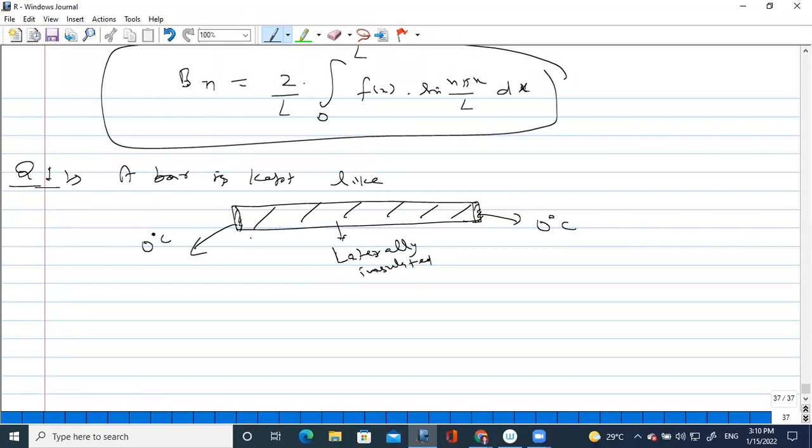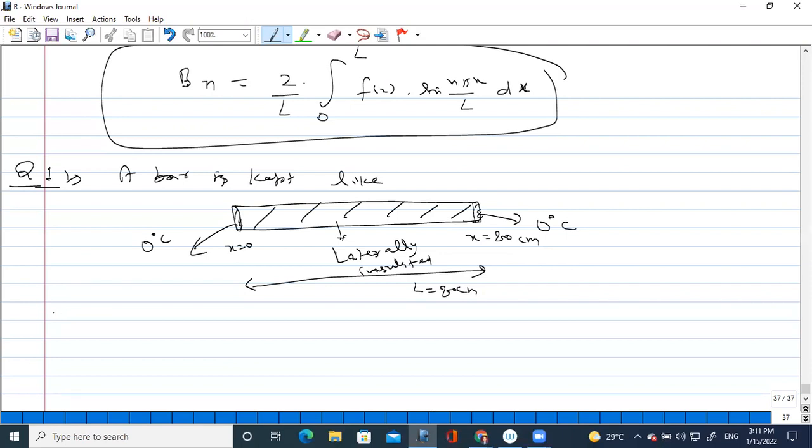And one more thing they have given, that here x value is 0, here x value is 80 centimeter. So these are the positions given. So x value 80 centimeter means the length of this will be 80 centimeter. So this is the L value. Understood? So in our formula, the L value has been given.